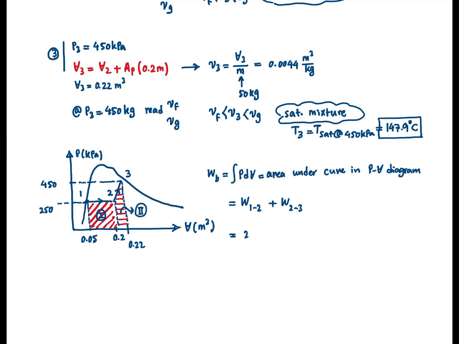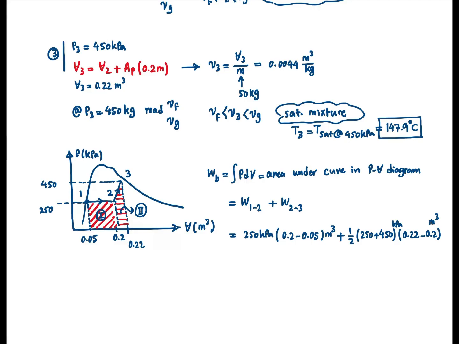Okay, so we have 250 kilopascal times 0.2 minus 0.05 meter cubed plus the area of the trapezoid, which is half of the first base, 250, plus the second base, 450 kilopascal, times the height, which is 0.22 minus 0.2 meter cubed.